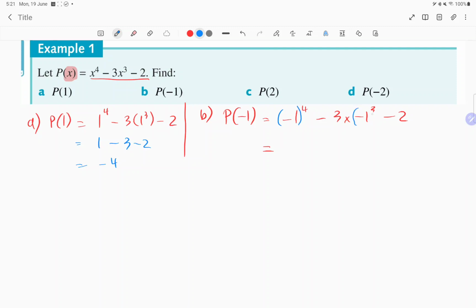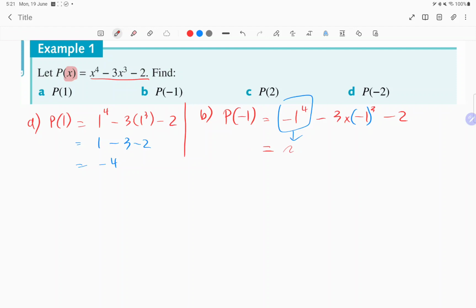If the number that you're substituting in is not just a simple number like 3 or 2 or 10, if it's negative something, or if it's like a plus b, you will need the brackets, especially for negative. Just remember, if it's a negative number, you always put the brackets around it. Because why? If I don't put the brackets here, what would this term, negative 1 to the power 4, become?